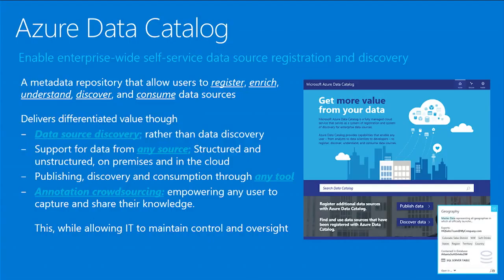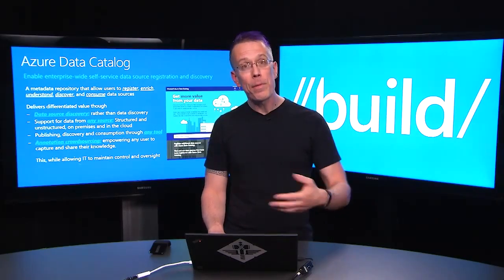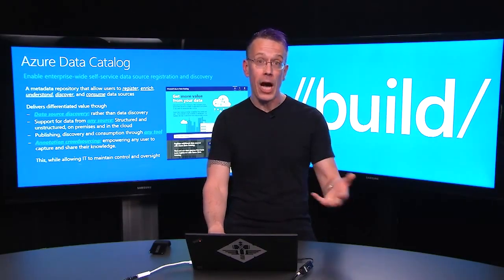The catalog uses a crowdsourcing model where any user can register data sources into the catalog, and any user by default can annotate the data sources that are in the catalog, so that the things that have traditionally been tribal knowledge inside an organization can now be captured and presented alongside that technical metadata, so that users have a single place to look to discover the data sources, to understand what they discover, and then work with it in their tool of choice, using the information that's in the catalog to help them understand what is the right data for their job at hand.